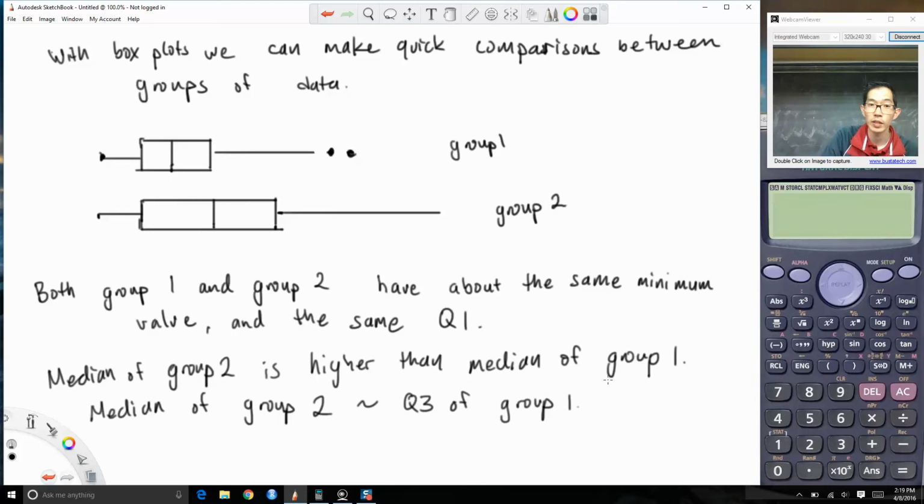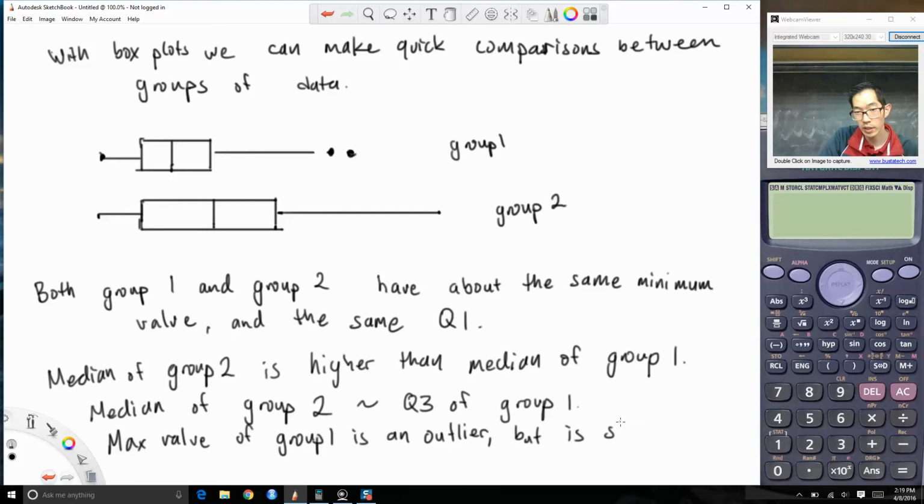As far as group 1 goes, its maximum value is an outlier, but its max value is still less than the max value of group 2, which is out here.